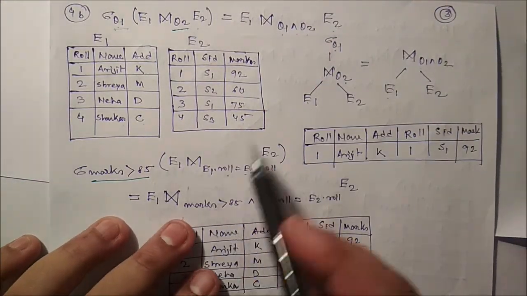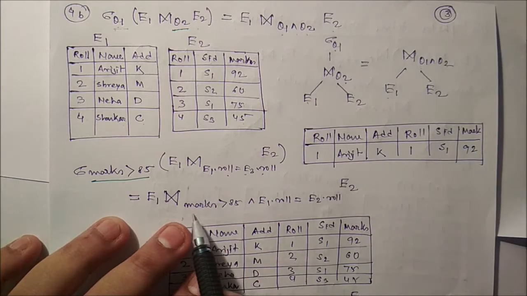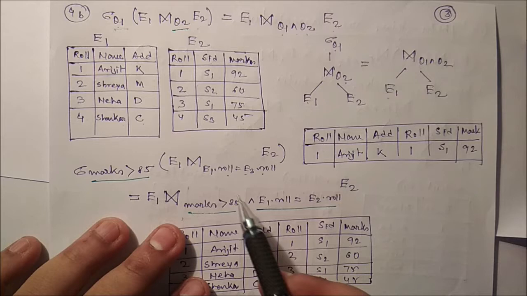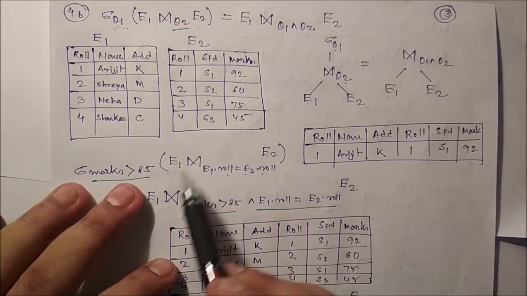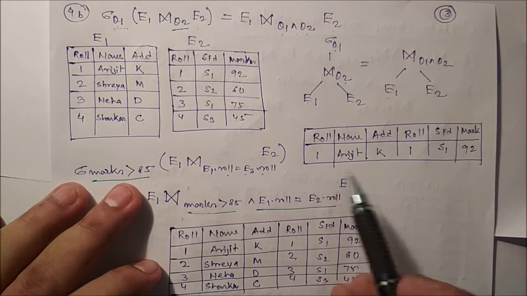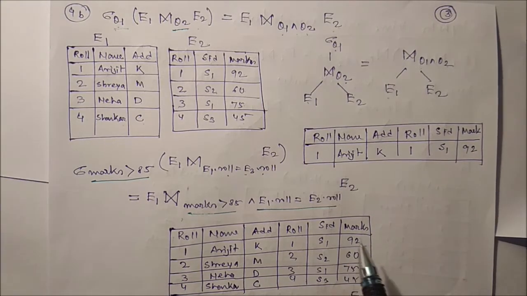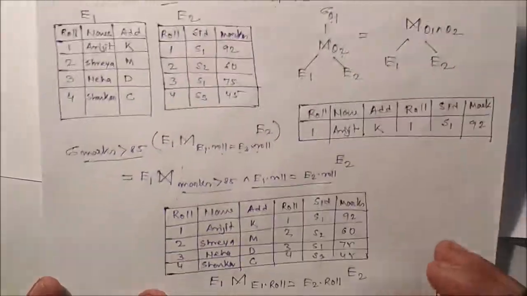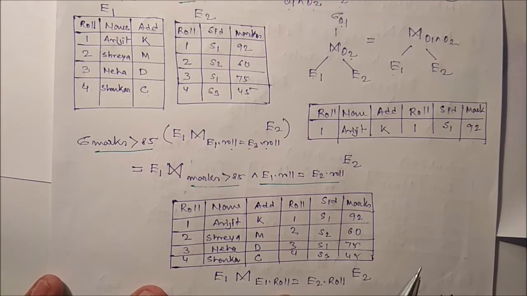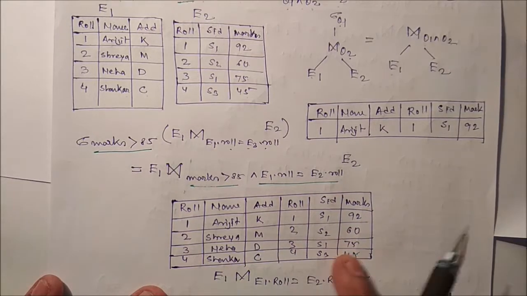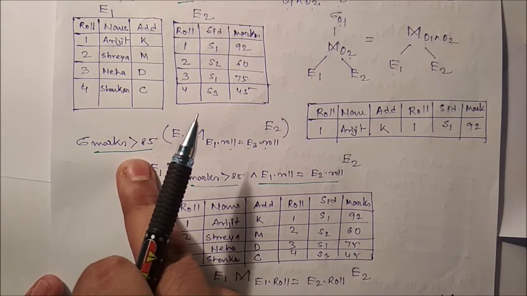So here theta 1 and theta 2 mean marks greater than 85 and E1 roll number is equal to E2 roll number. First, if we apply this join, E1 roll number equal to E2 roll number, this particular table will be generated. From that table we have to extract the rows where marks are greater than 85.